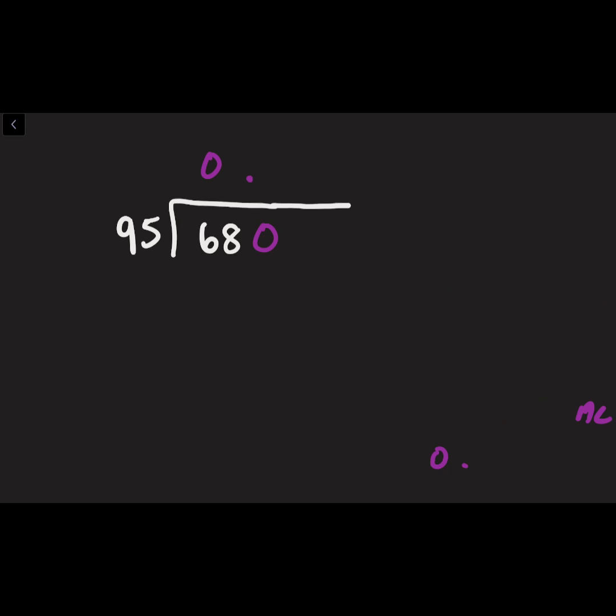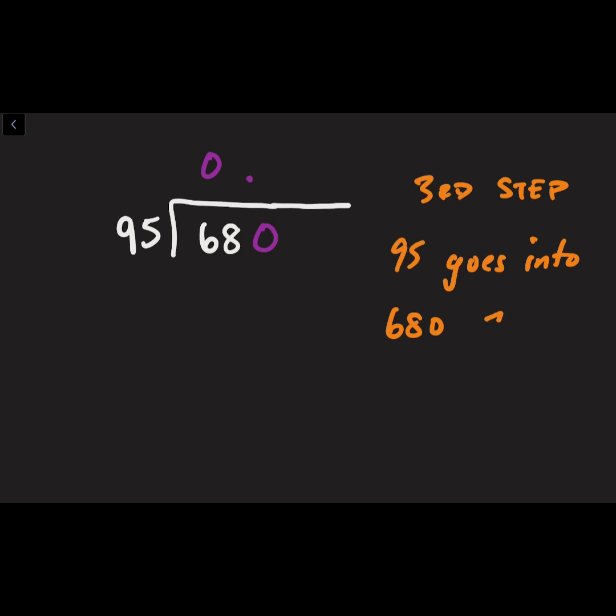Now we have our third step: figuring out how many times 95 goes into 680. That is going to be 7 times.